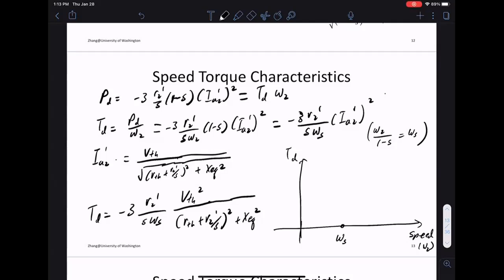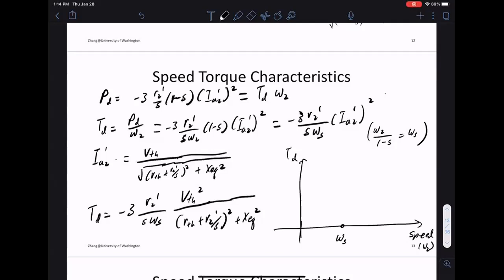It's a little bit subtle, because you have an S sitting in the denominator, but inside the denominator itself you have R2 prime over S squared. So you're dividing by S, but you're also dividing by 1 over S squared.